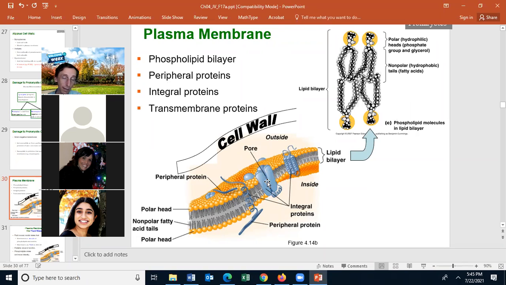And we talked about that. For every molecule we want to enter the cell, we have to have a transport protein to bring that molecule into the cell. For example, glucose and fructose can only enter the cell through a protein. Any question about any of that?